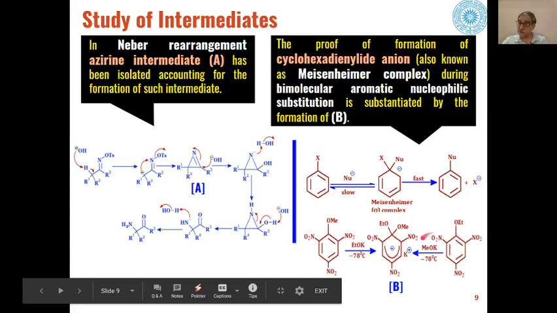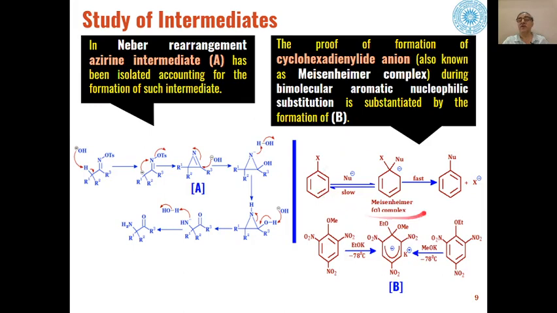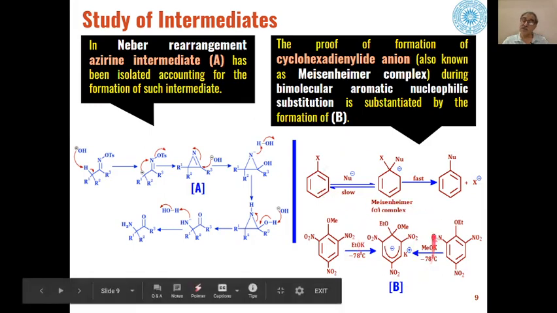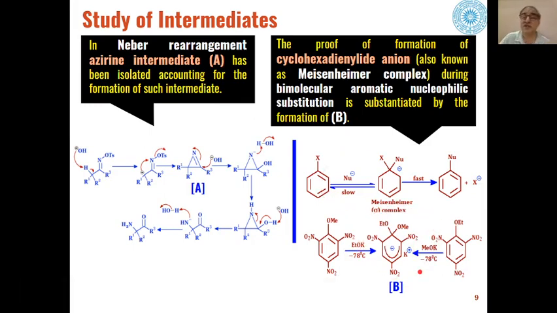So this is treated with this, that means methoxy group will add to this carbon, and when this reacts with potassium ethoxide, then ethoxy will get added to this carbon, and we will get these types of sigma complexes. And these sigma complexes can only be formed if such type of mechanism is involved in the reaction. So these intermediates have actually been isolated during the reaction.